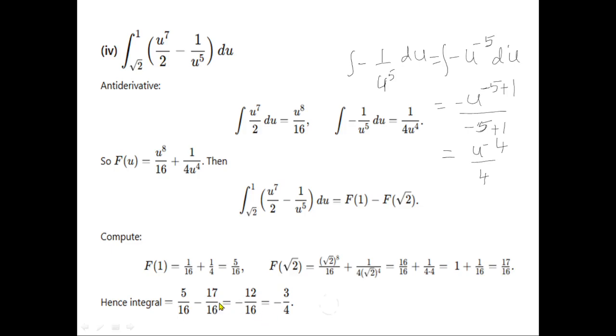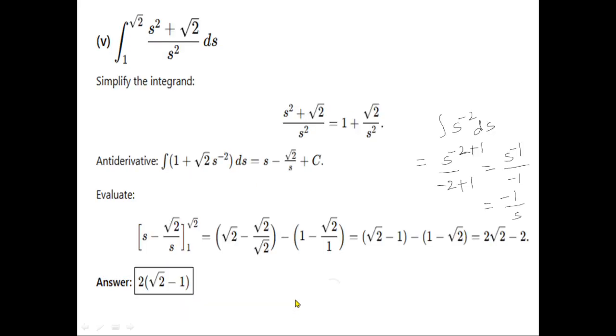The upper limit value is 5 by 16, minus the lower limit value 17 by 16, that is 5 by 16 minus 17 by 16, that equals minus 12 by 16, that equals minus 3 by 4.